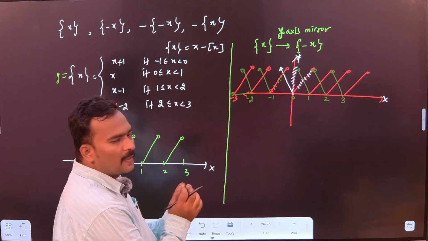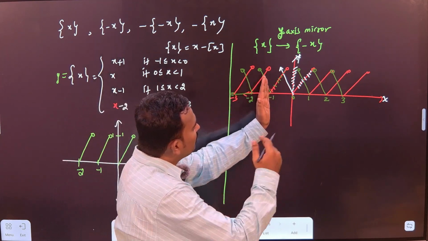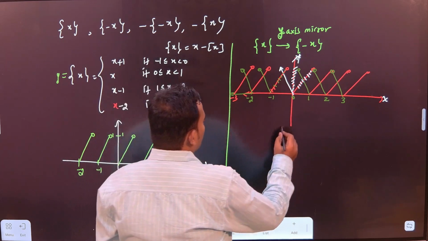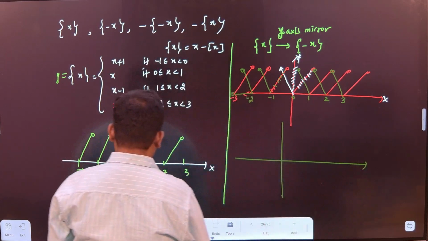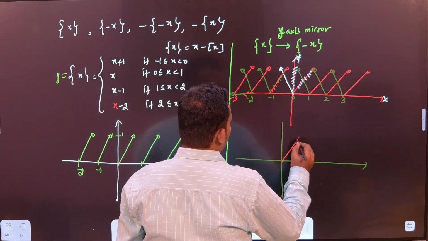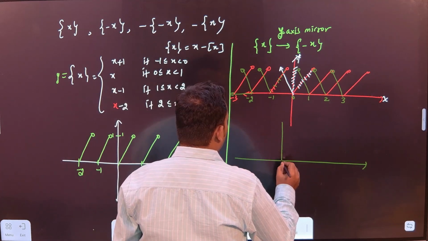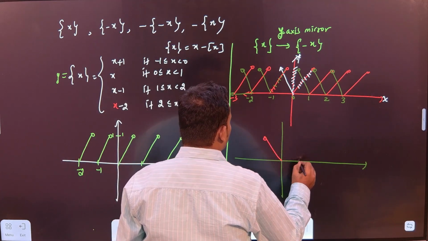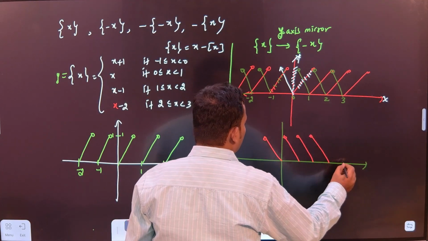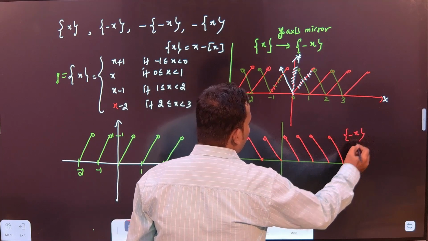This is your fractional part of minus x. Whatever is on the left side, you take on the right, whatever is on the right side, you take on the left. The y axis is the mirror, right? So you can draw separately the fractional part of minus x. This is your fractional part of minus x graph, right?